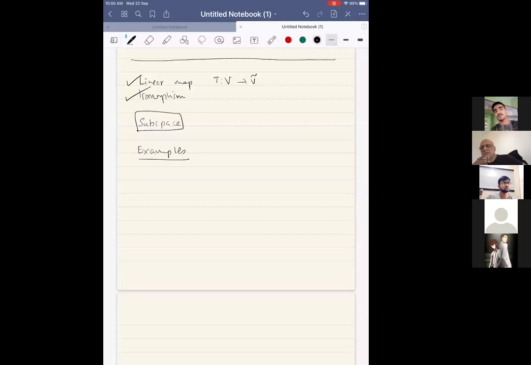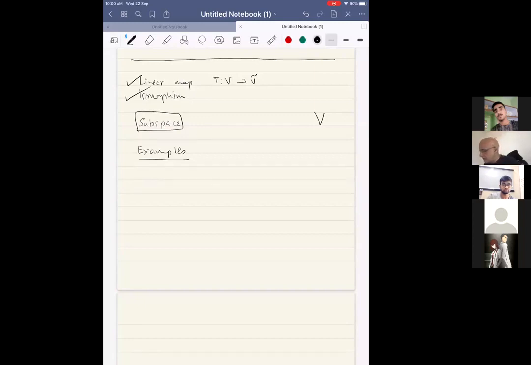A subspace is not an object in itself. It is a sub-object of a bigger object, so the bigger object has to be first given. So you are given a vector space V, and then we can talk about subspaces. Okay.